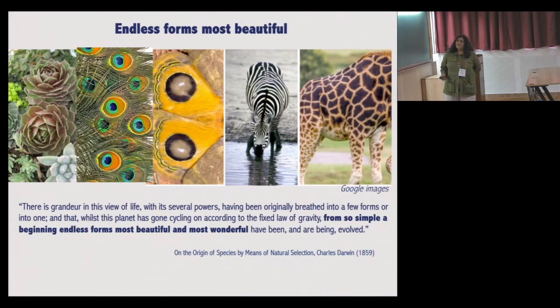And Darwin recognized many, many years ago that what was fascinating was that from so simple a beginning, endless forms, most beautiful and most wonderful, have been and are being evolved. He, of course, spoke about the grandeur of evolution that generates animals that are so varied in their forms, if you like.